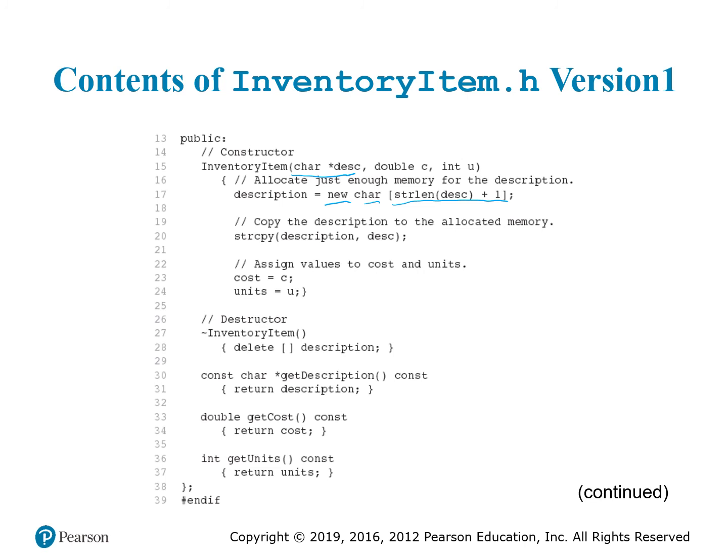So we've just created a block of memory. It's sitting there until we get to our destructor here, and it says delete description. So that will cross out that memory and free it up to be available for some other object or some other part of our program.